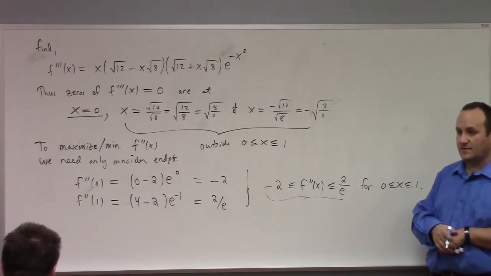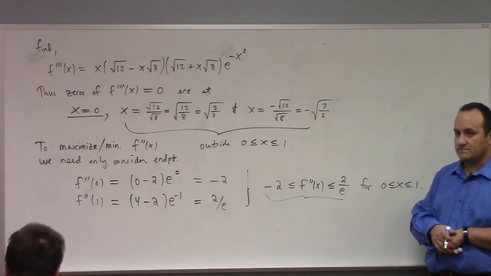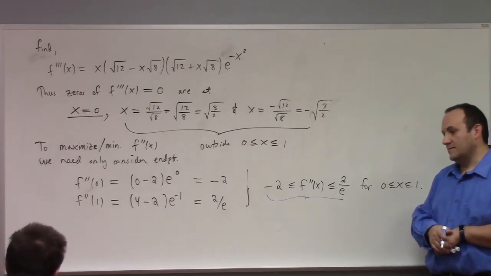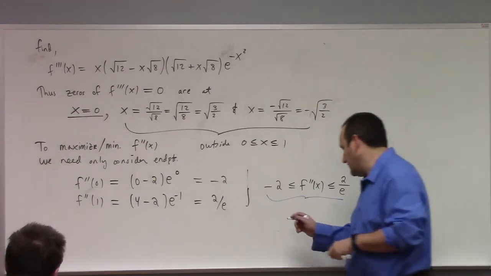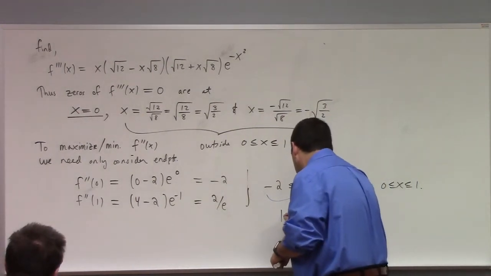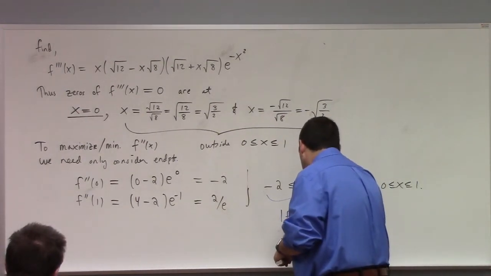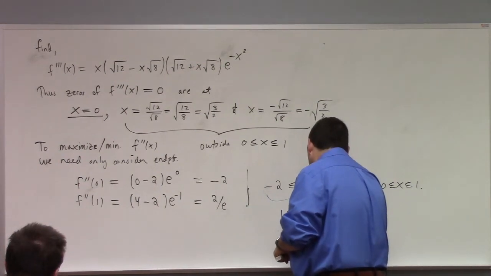No. The question is, what is k? We're trying to figure out what k could be. We need that the absolute value of f prime prime of x is bounded by k.